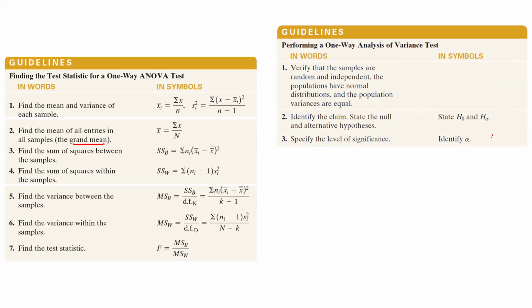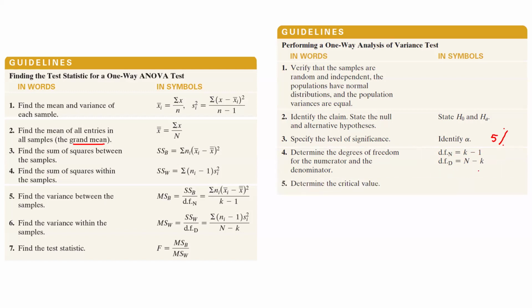And as usual, if it's not given, by default, it is 5%. Determine the degrees of freedom for the numerator and the denominator. The degrees of freedom for the numerator is k minus 1. The degrees of freedom for the denominator is n minus k.